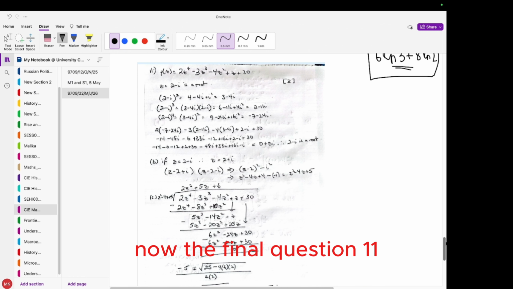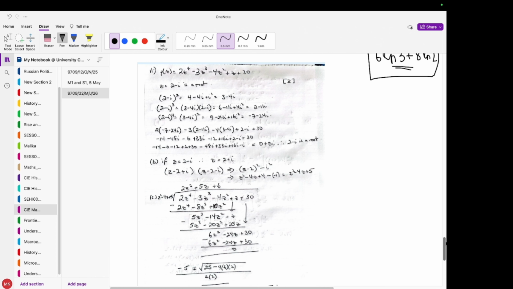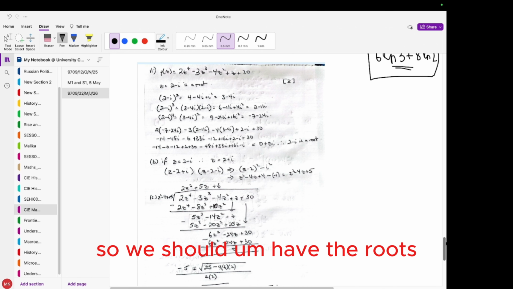Now the final, question 11. It is a complex numbers question.